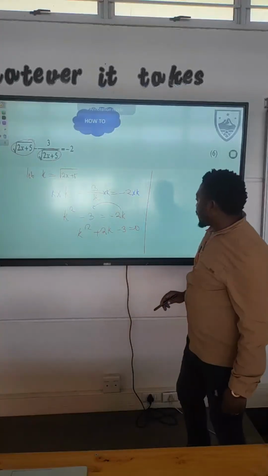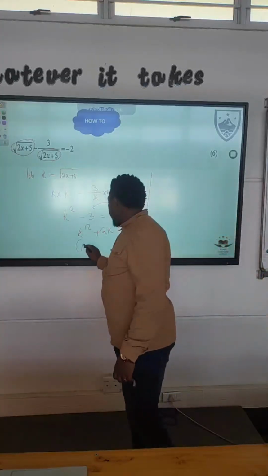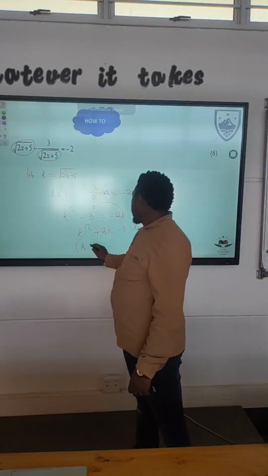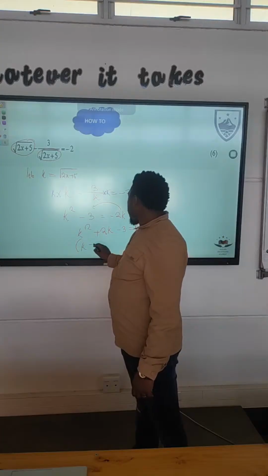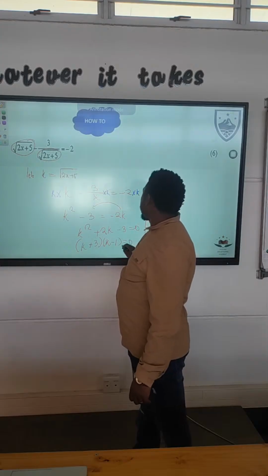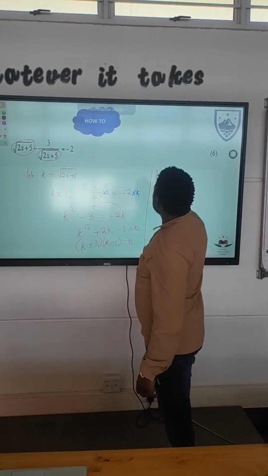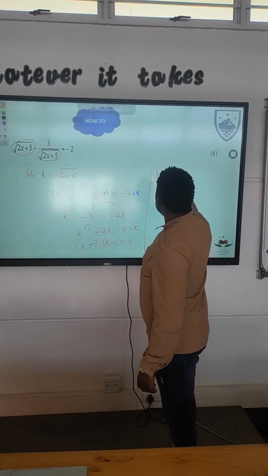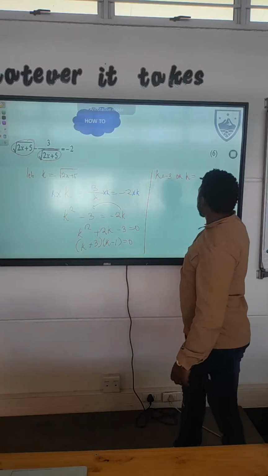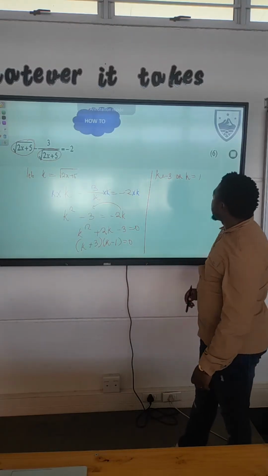And then we can solve this, we can factorize this easily, and then it will be k minus 3, the positive 3, and the k minus 1 being equals to 0. So my k value equals to negative 3, or my k value equals to a positive 1.